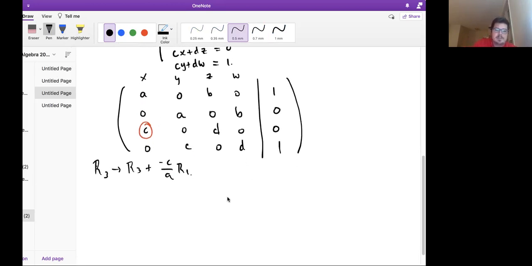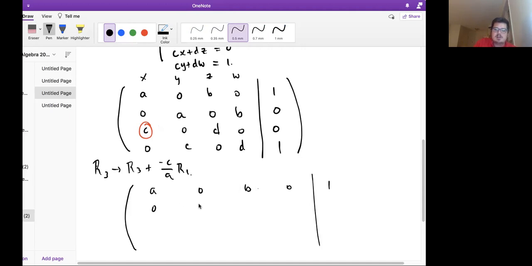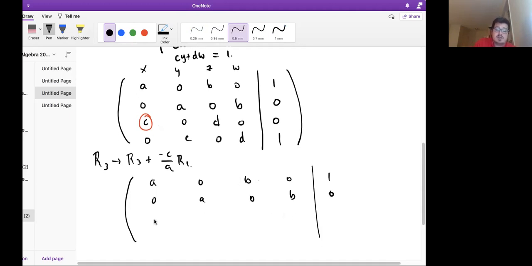Okay, so let's do that. A, 0, B, 0, 1, 0, A, 0, B, 0. I'm going to give myself more room. Now let's see what happens to row 3. So you have a 0, 0. And now can someone give me the next entry?